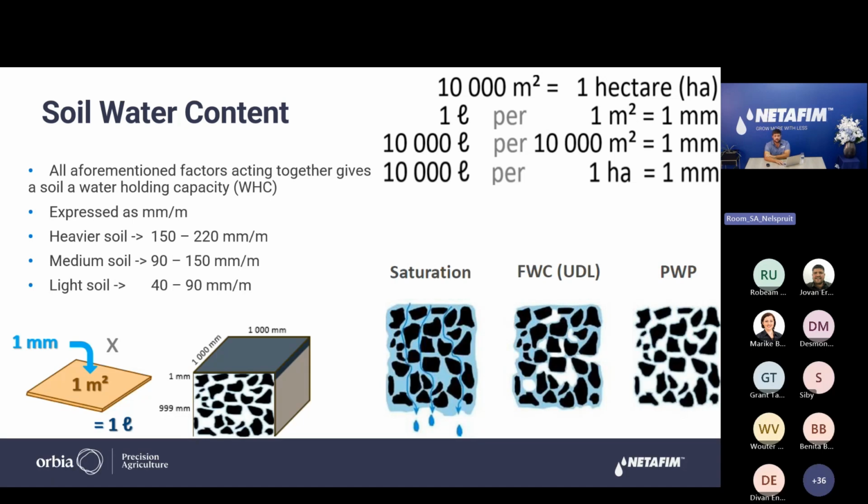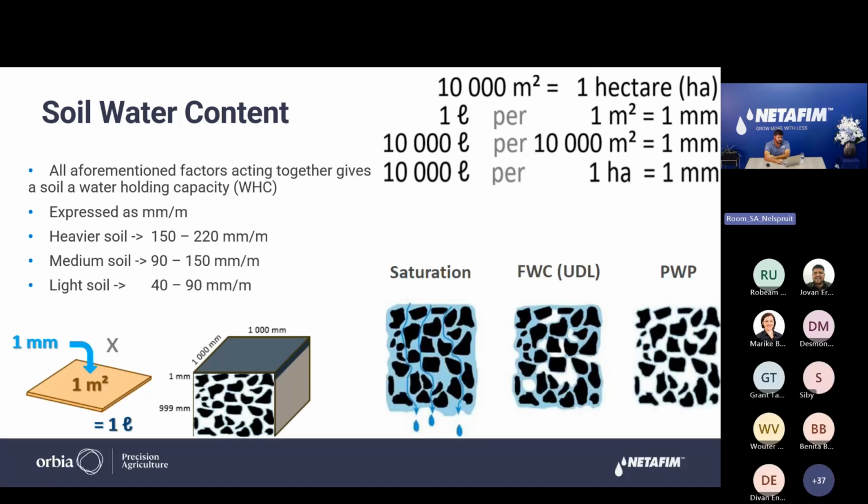So that meter is a depth, and millimeters does not have a volume attached to it until we add a specific area. Let's think about rain: when we talk about rain, we talk about 1 millimeter or 10 millimeters or 20, just to bring into perspective how much water that is.